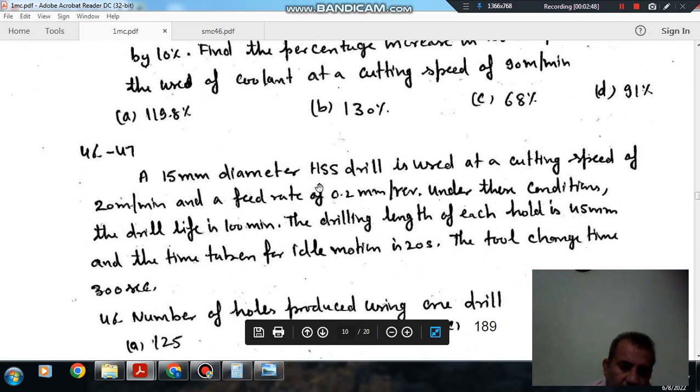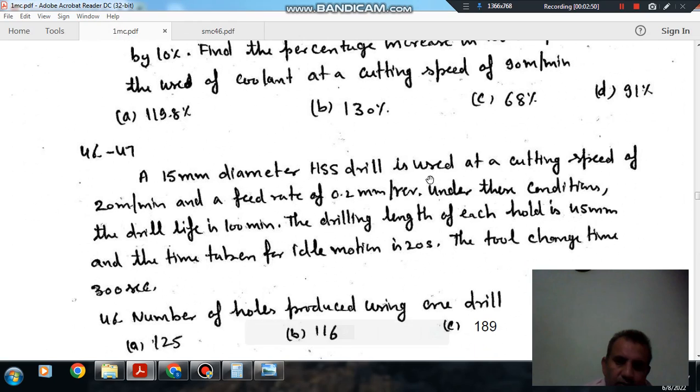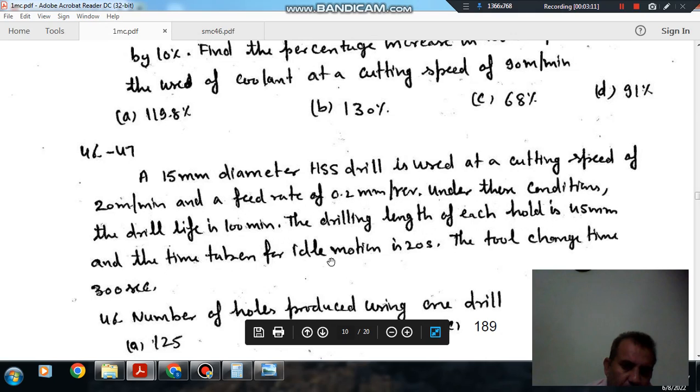A 15 diameter HSS drill is used at a cutting speed of 20 meter per minute and a feed rate of 0.2 per revolution. Under these conditions, drill life is 100 minutes. The drilling length of each hole is 45 and the time taken for the idle motion is 20 seconds.